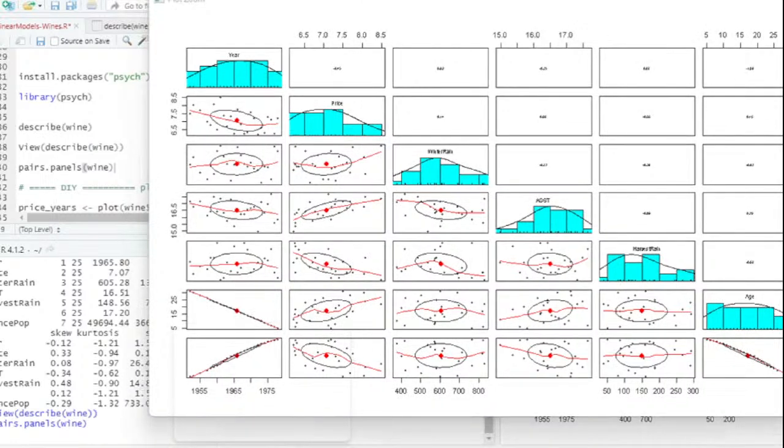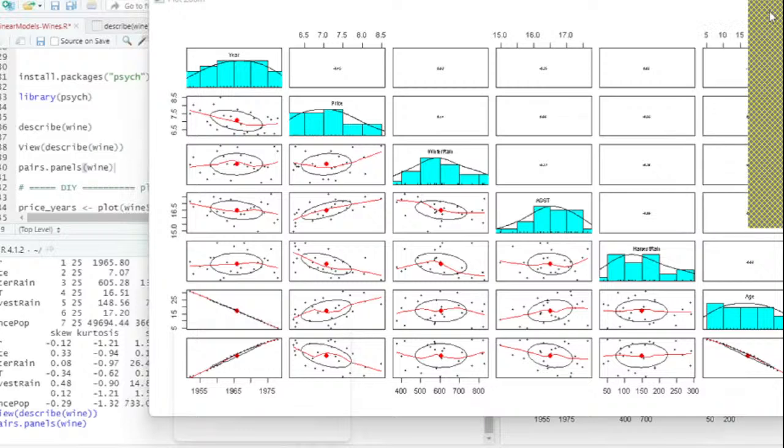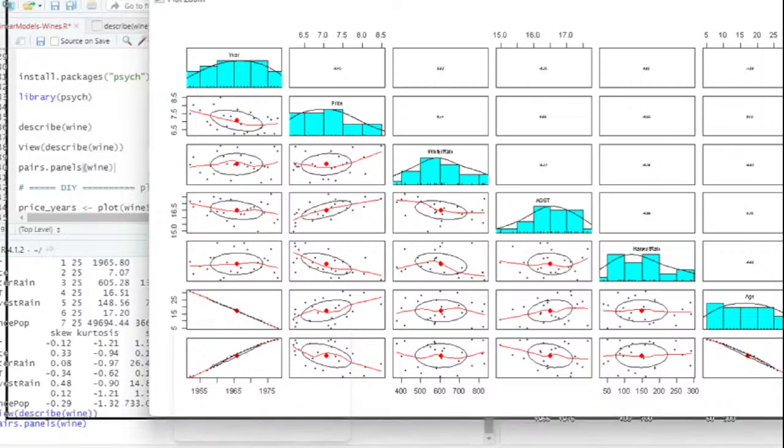Have you run line number 40? If yes, then I'll proceed with this. Have you run line number 40? Others, just type 40. That will really help me. Okay, good. Right?